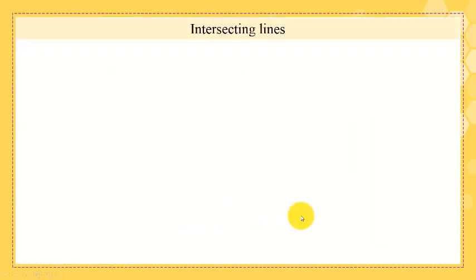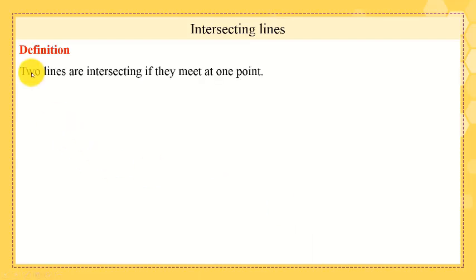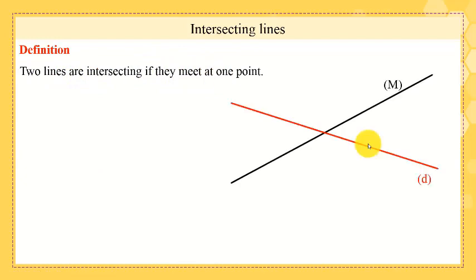At first, what are intersecting lines? Two lines are intersecting if they meet at one point. Given two straight lines M and D. When two or more straight lines cross each other in a plane, they are called intersecting lines.